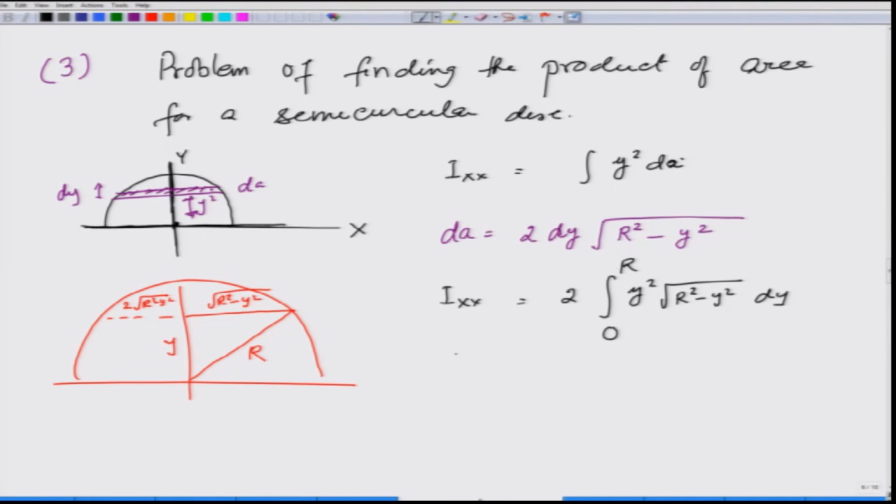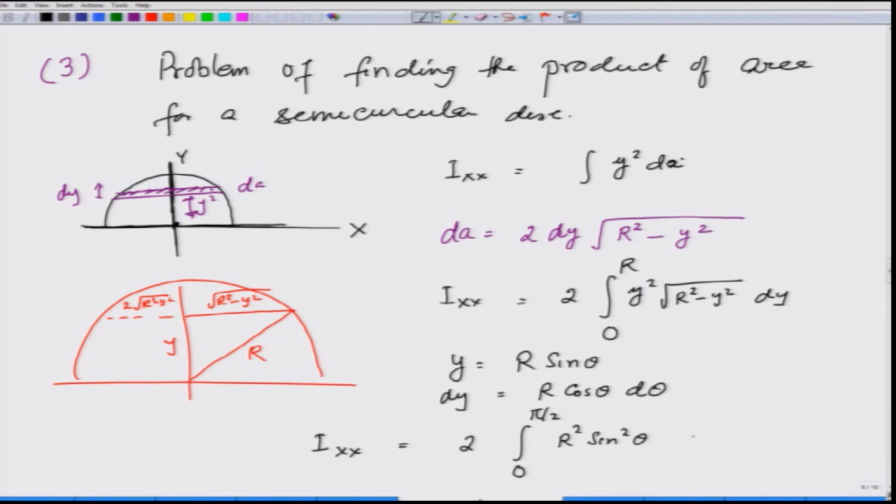This integral is easy to perform. I take y equals r sin theta, dy becomes r cosine theta d theta, and therefore, Ixx becomes equal to 2 integral, lower limit theta would be 0, upper limit theta will be pi by 2, y square will be r square sine square theta, square root of r square minus y square will be r cosine theta, and then you have dy, which is r cosine theta d theta.